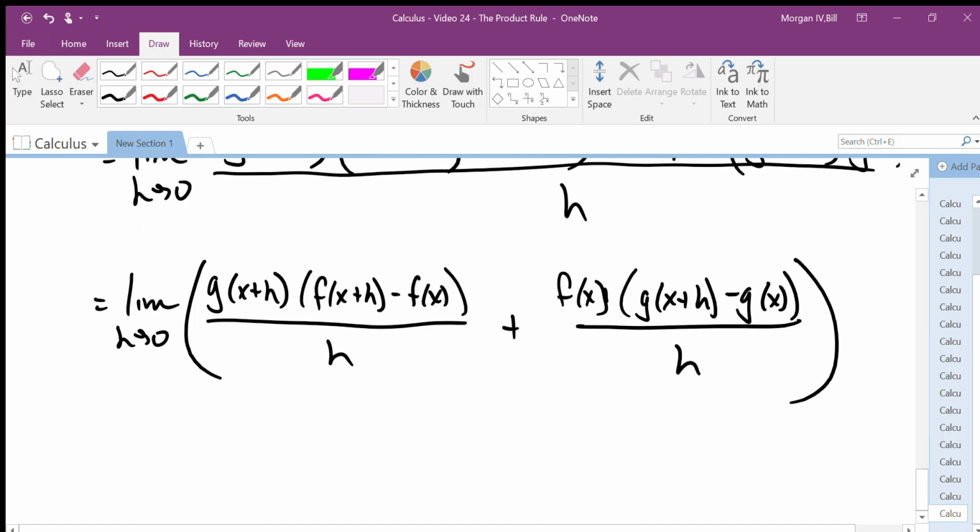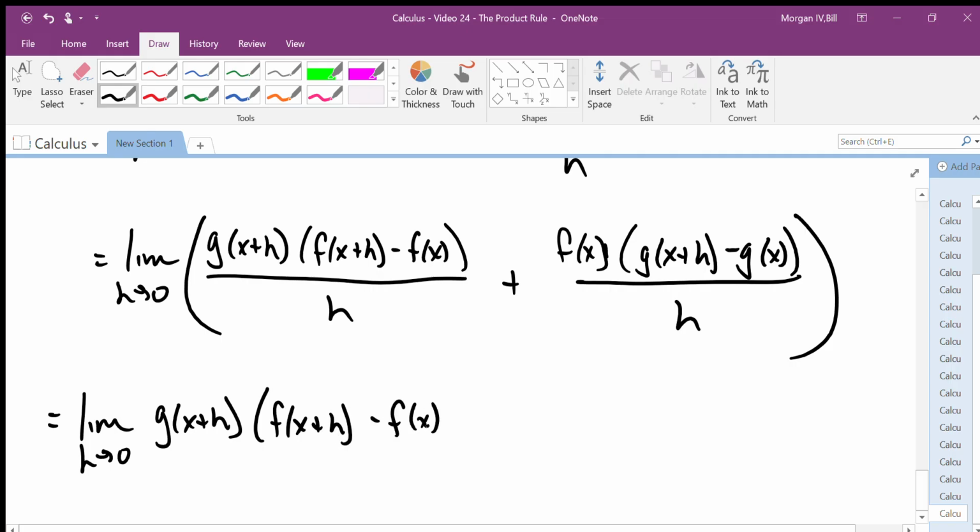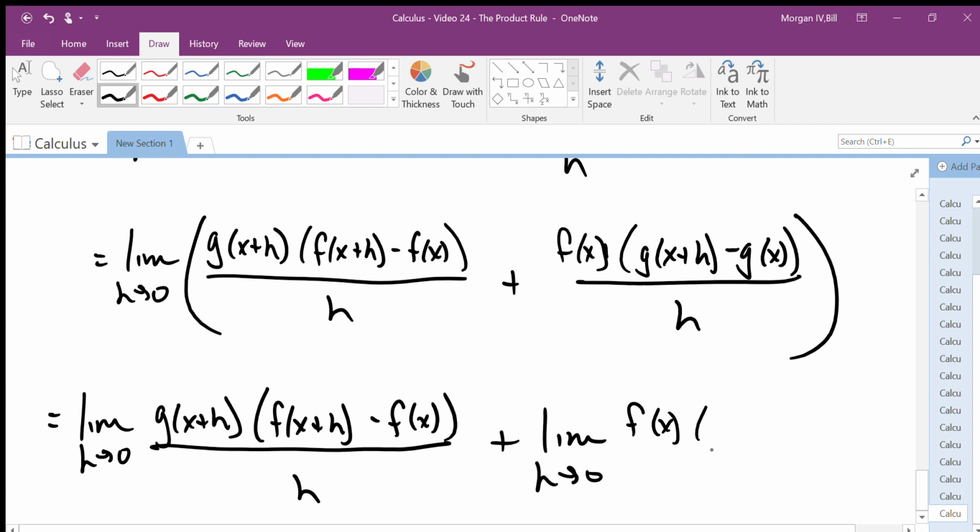Well, now we'll use properties of limits to have multiple limits here. We're going to look at this as the limit as h goes to 0 of g of x plus h times f of x plus h minus f of x over h, and then plus have a limit over here as well. The limit as h goes to 0, f of x, g of x plus h minus g of x over h.